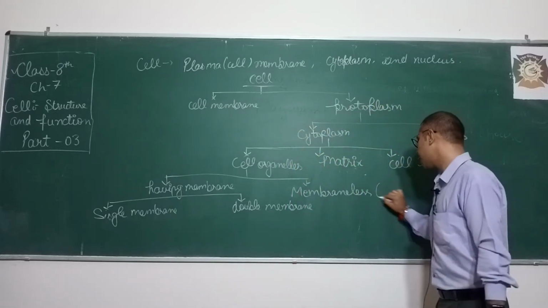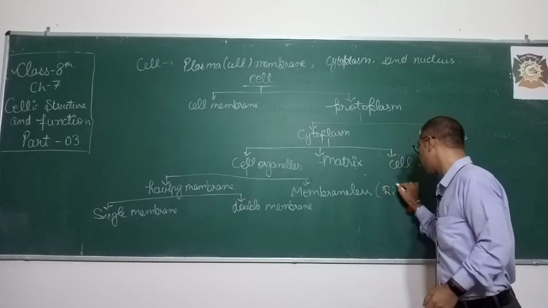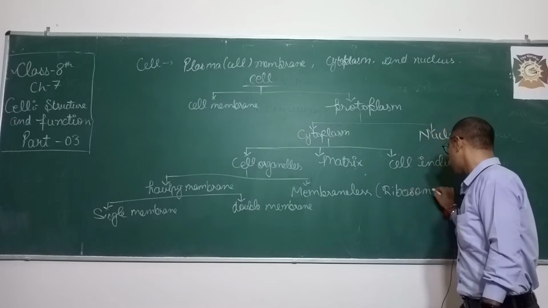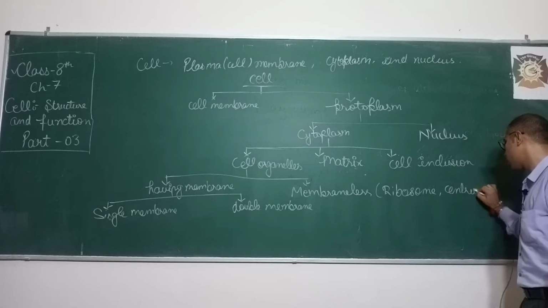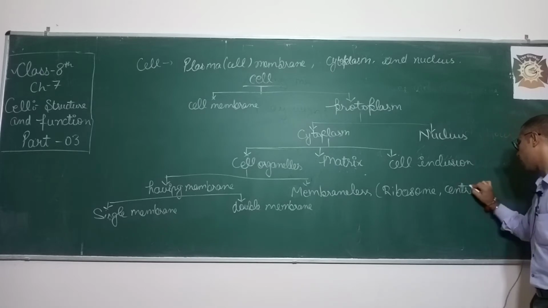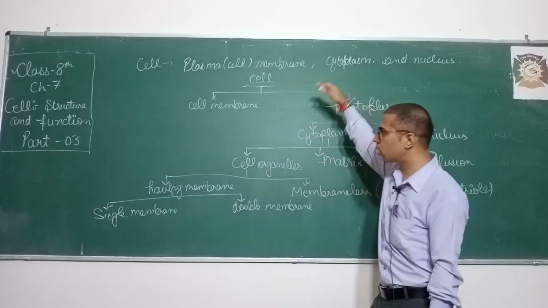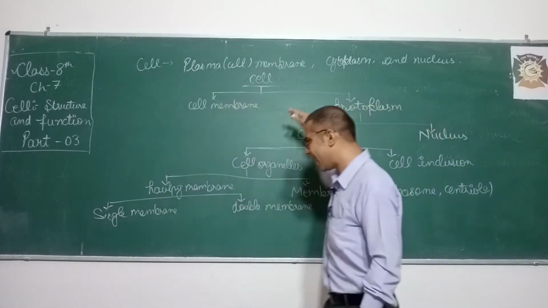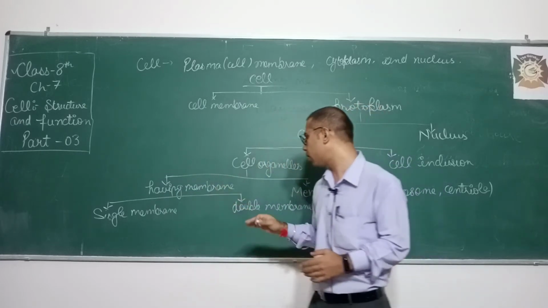Membraneless examples are ribosomes and centriole. We will study about them. I will explain all of this. First, give me time to write, and as I am writing, you should also write in your copy so that you can remember this table carefully.